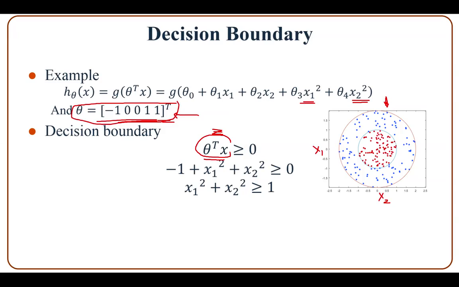This is theta, so we plug it in, and x here would be 1, x1, x2, x1 squared and x2 squared, and the result is this and that, and from there we can draw the decision boundary, which is actually a circle.